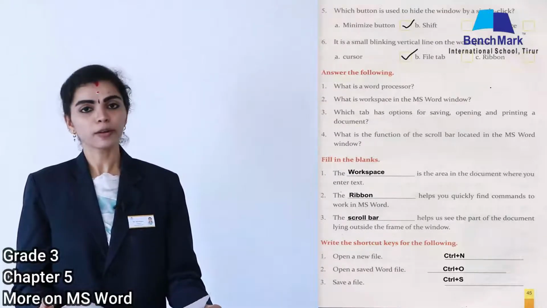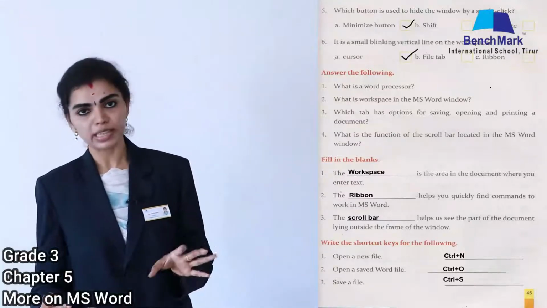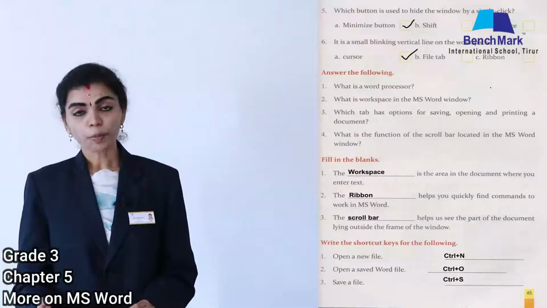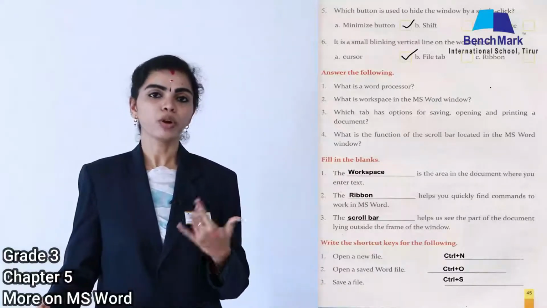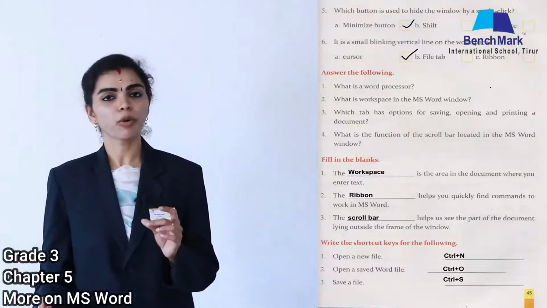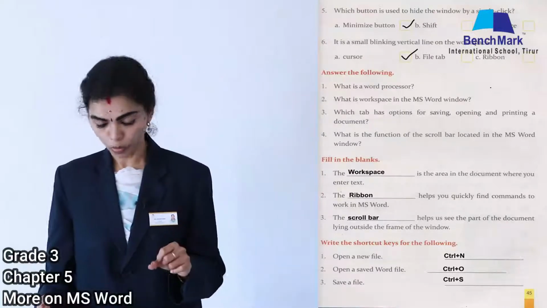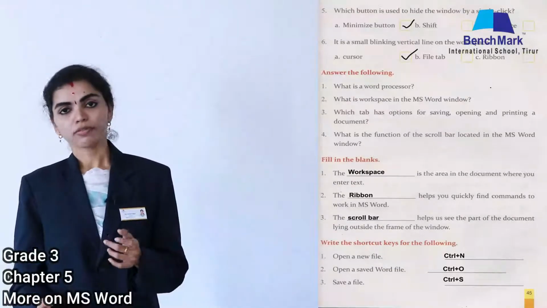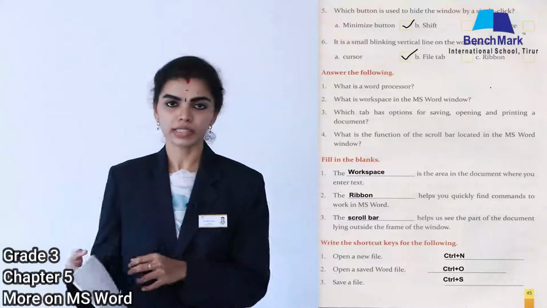You need to use Ctrl plus N. That is, you need to press the Ctrl key as well as N. Okay, and open a saved work file. So it is already saved, and if you want to reopen it again, at that time what shortcut key do we use? We use Ctrl plus O. So if you want to save a file, for saving a file what shortcut key do we use? We use Ctrl plus S.